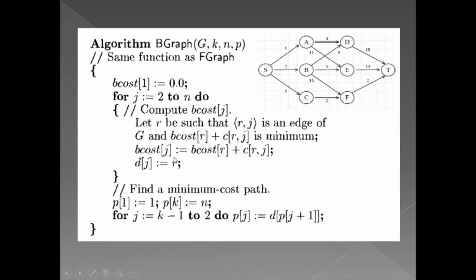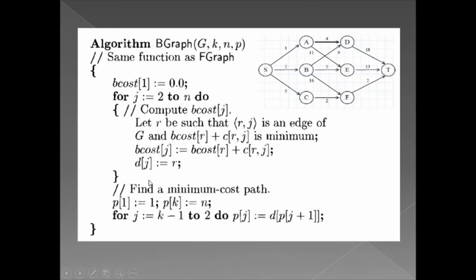Going with the algorithm of the backward approach, here the cost of 1 we are going to consider as 0. There, the cost of n was considered as 0, the destination vertex. Here the source vertex is considered as 0, and we proceed to find the cost of vertices from the second node up to the n-th node, with the same approach, but considering the incoming edges.